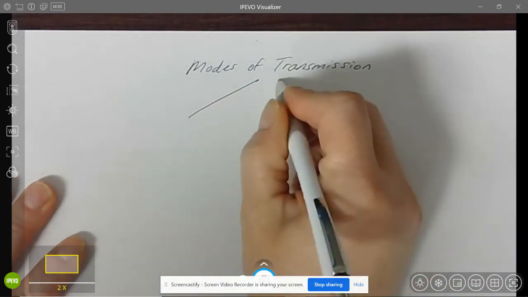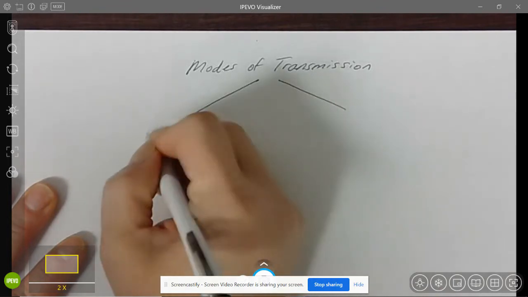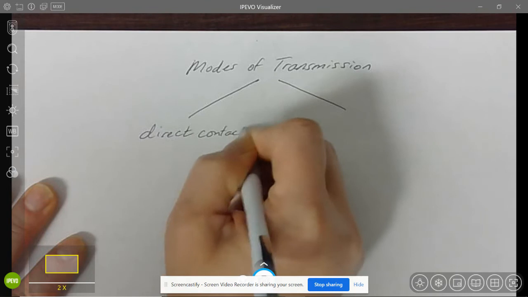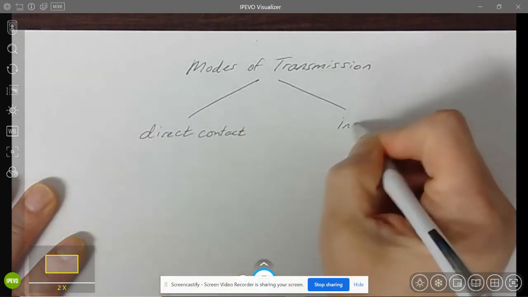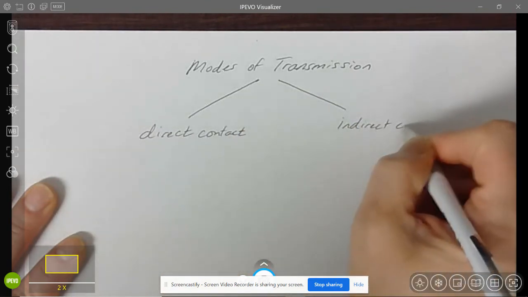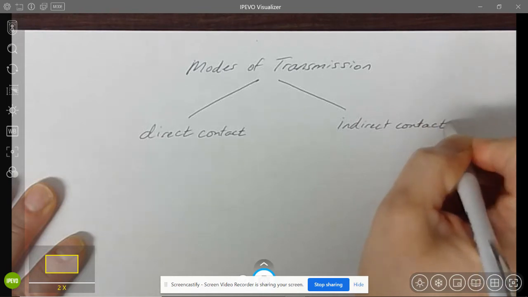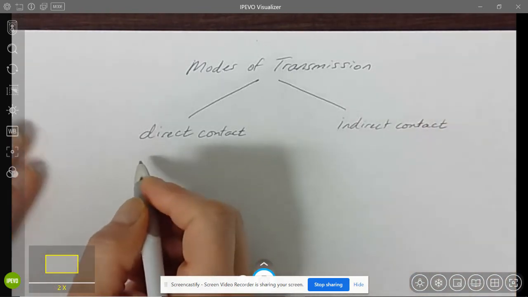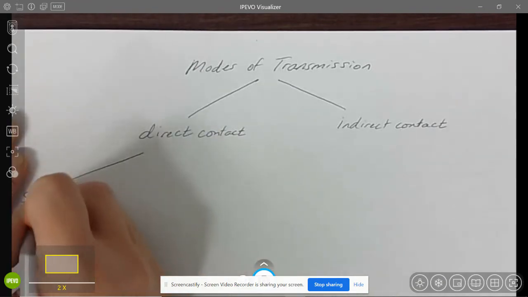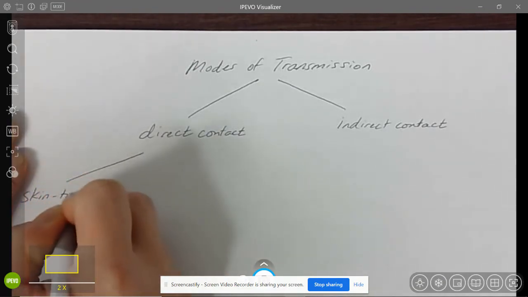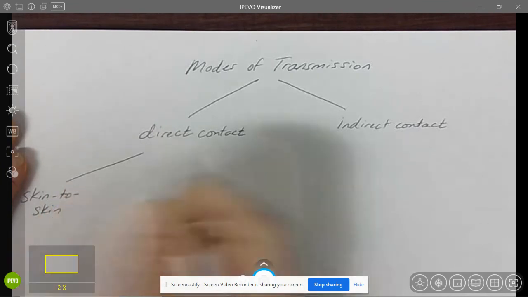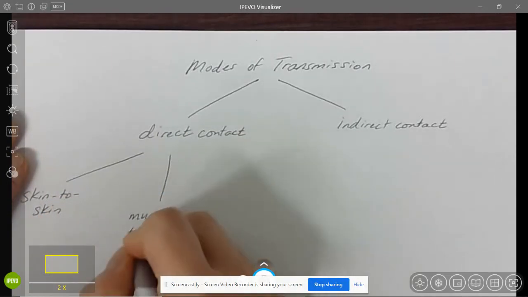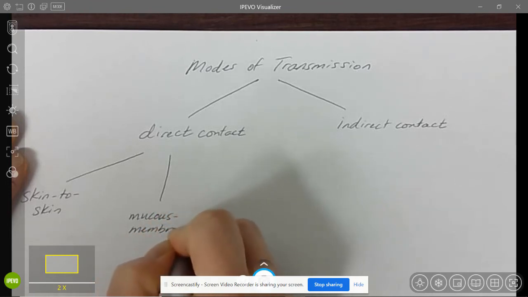And in your book, it puts these into two major categories. You have modes that are direct contact, and you have modes that are indirect contact. Under direct contact, they're making a distinction between what they're calling skin to skin and what they're calling mucous membrane to mucous membrane.